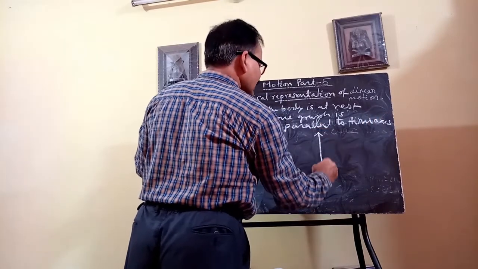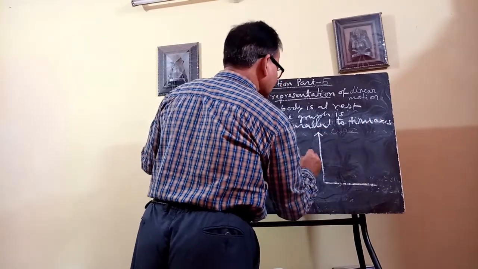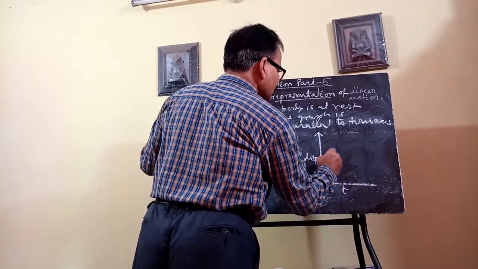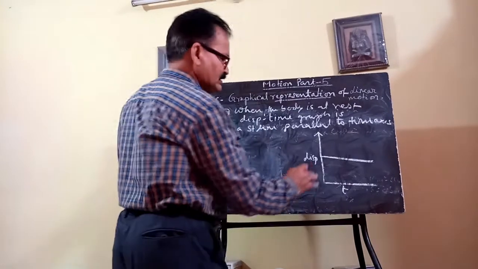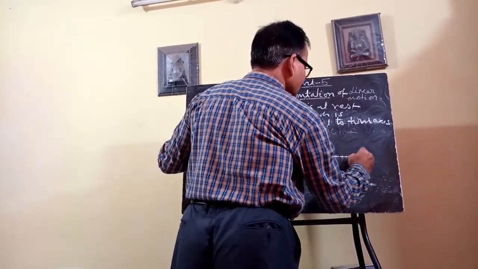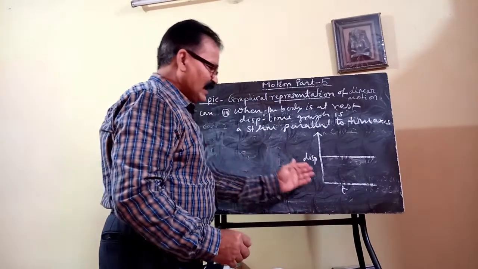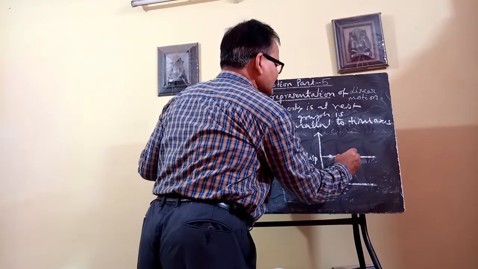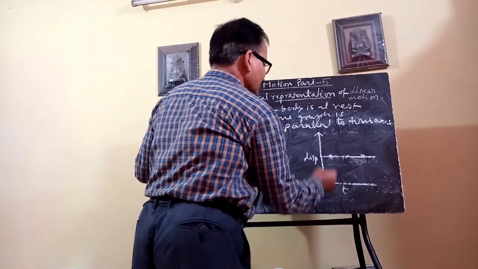So you see here the nature of the displacement time graph is parallel to the time axis, because time is increasing, but the distance from the origin remains the same.